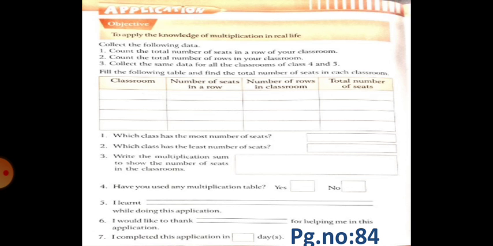Third one, write the multiplication sum to show the number of seats in the classroom. Fourth one, have you used any multiplication table? Yes or no? Fifth one, I learned dash while doing this application. Sixth one, I would like to thank dash for helping me in this application. Seventh one, I completed this application in dash days.